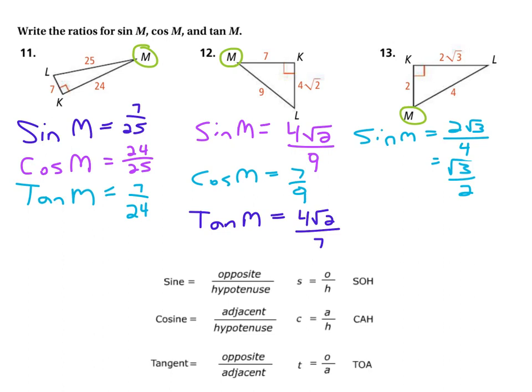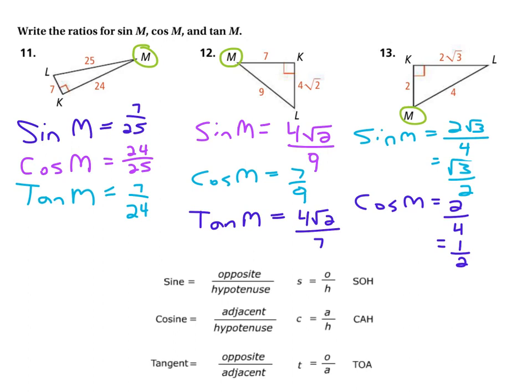Now, cosine of m is adjacent over hypotenuse, and the adjacent side for m is the 2 that we see there over the hypotenuse, which is 4. And of course, that can be simplified. 2 over 4 can be simplified to 1 over 2.